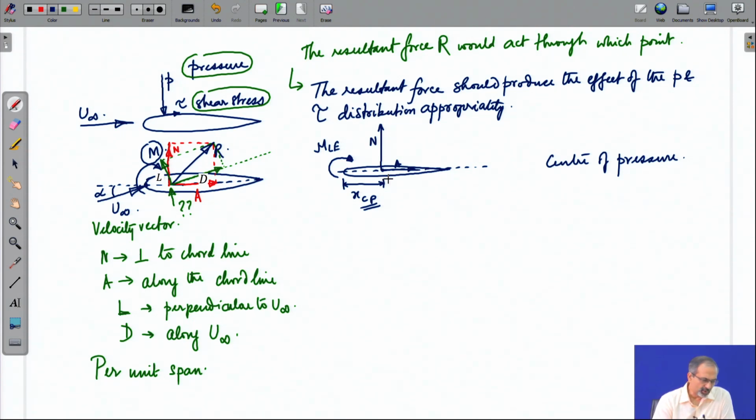This is the appropriate location which generates the exact moment about the leading edge m L e.